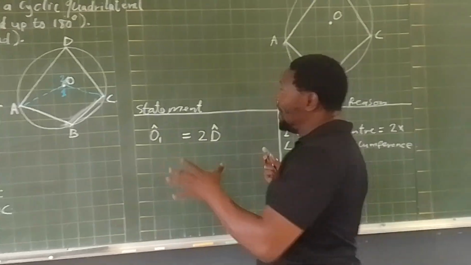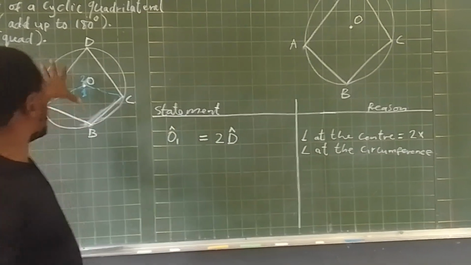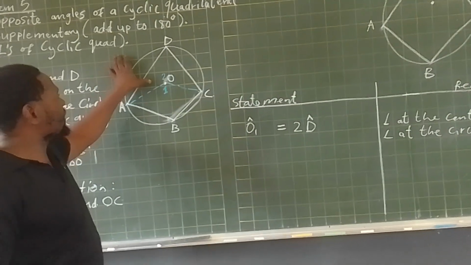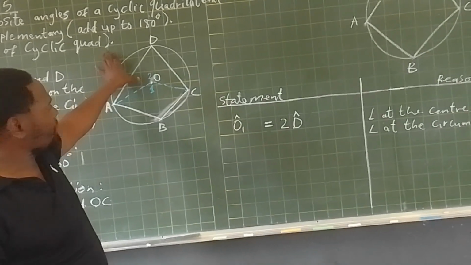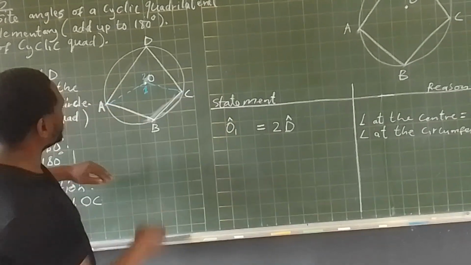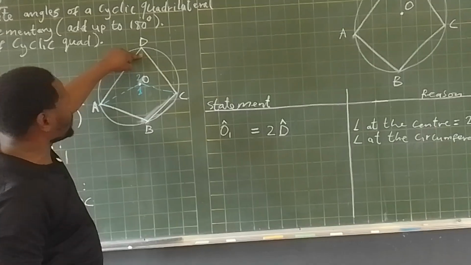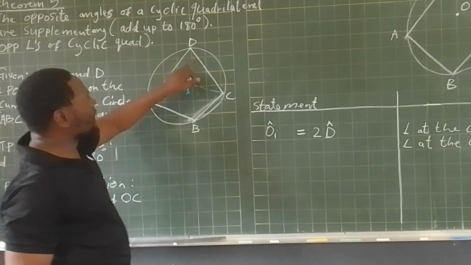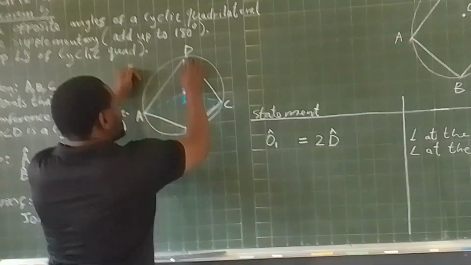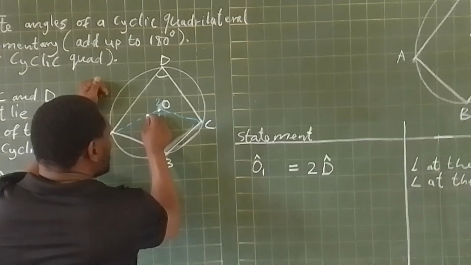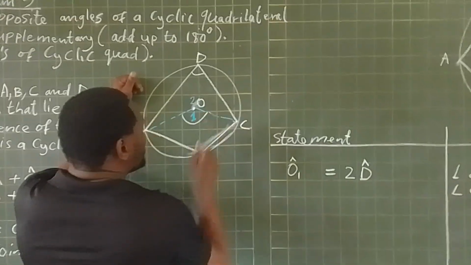This is the angle at the circumference, and this is the angle at the center.